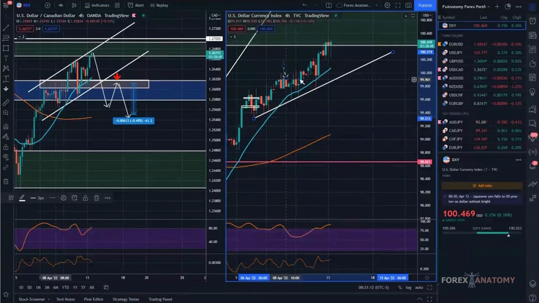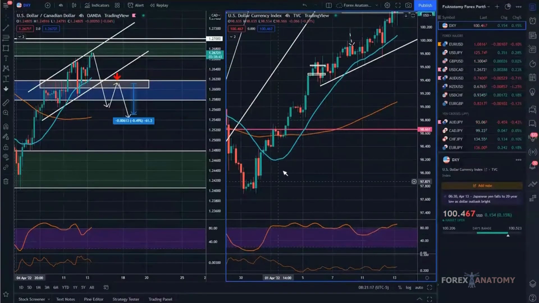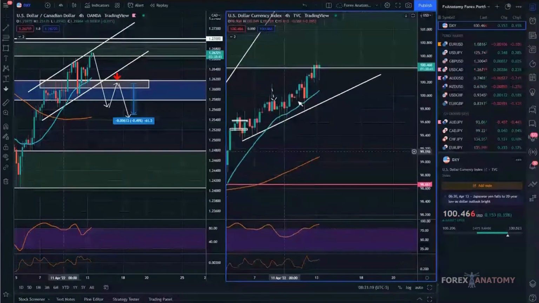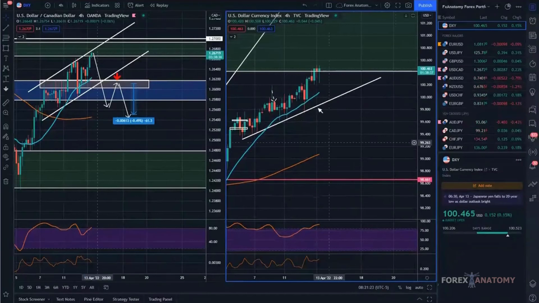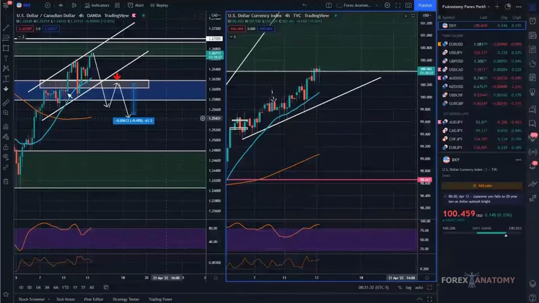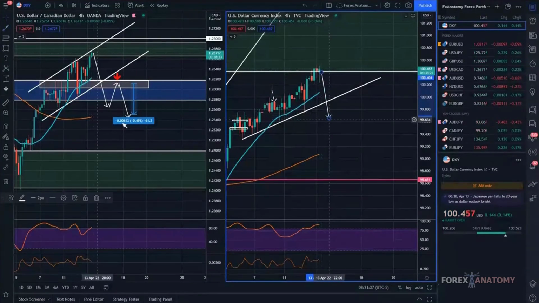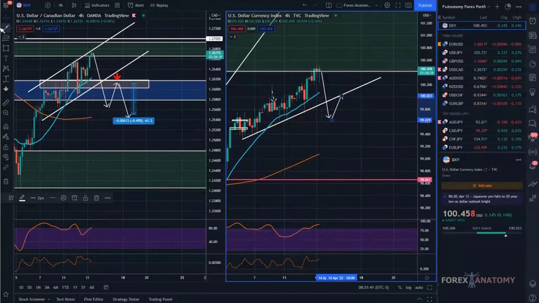Whenever you see a nice push and then price gradually grinding its way up, that shows that things could be reversing and shifting. So we'll see. But what you could do in order to confirm this reversal is watch for price to break through certain key areas of structure, in our case, this trend line. If you see price break this trend line as well, which is very similar to what we see on the US dollar CAD, just wait for the pullback and then execute your sell on that US dollar CAD.